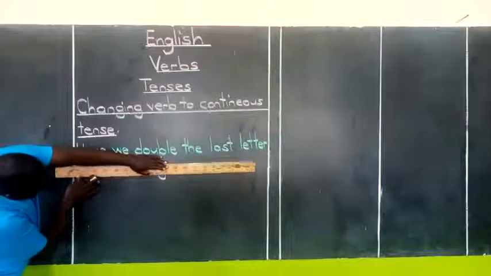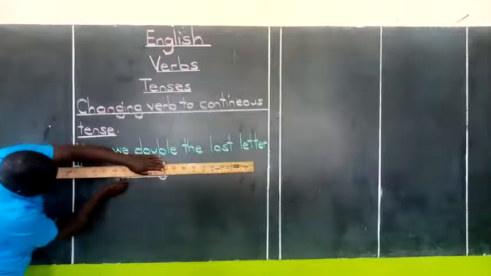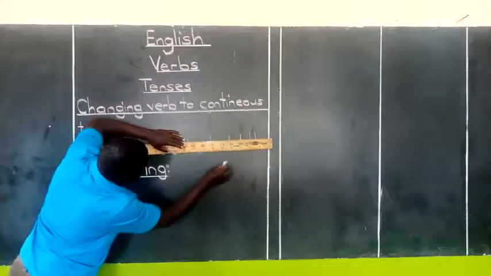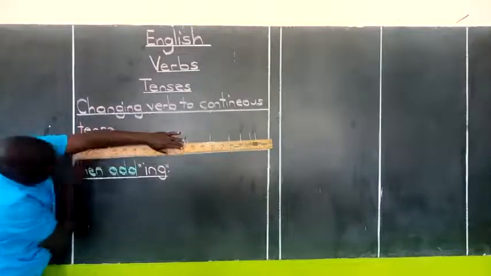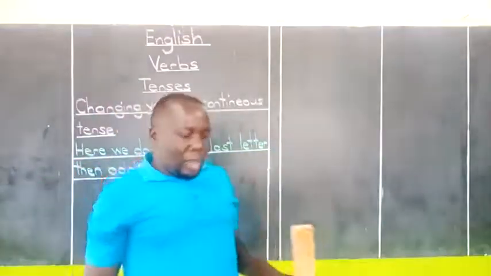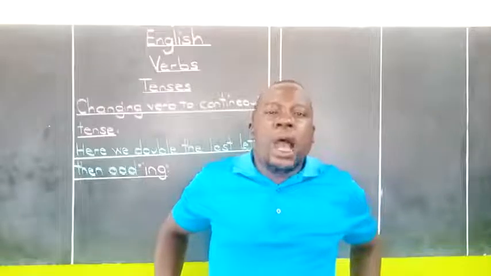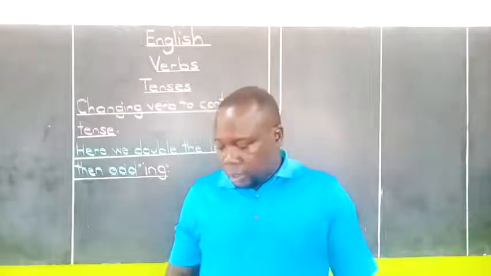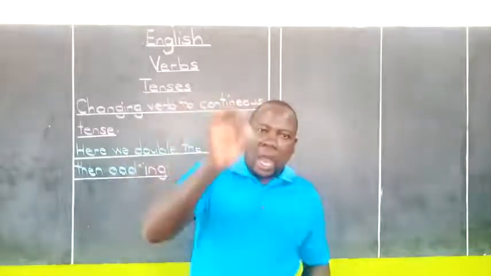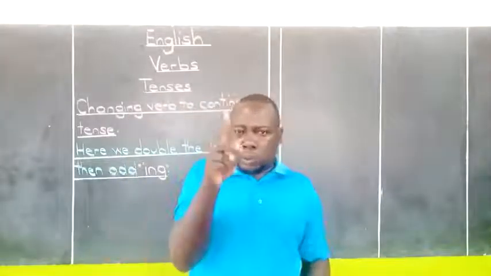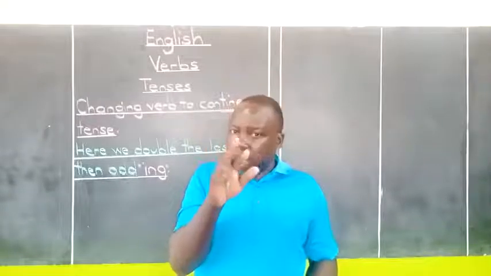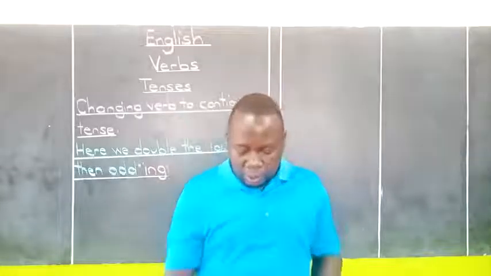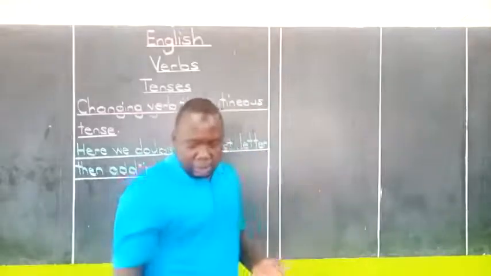Let me underline this. These verbs that we are going to look at, their last letter is doubled. Double means two which are the same. So, to the last letter, add another letter to make two. That is double. Then after, add ing. Those are the verbs we are going to look at.